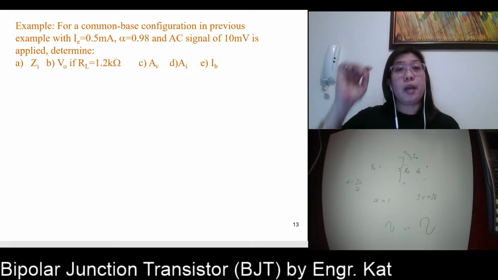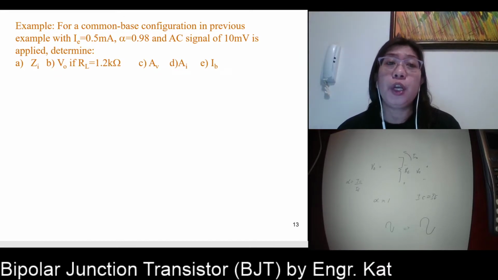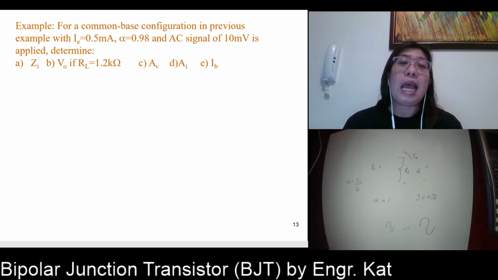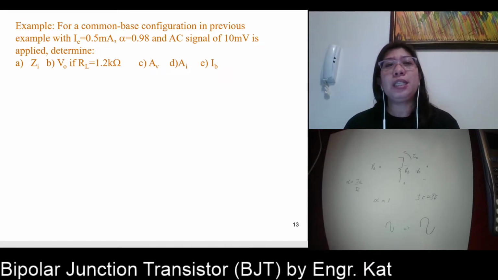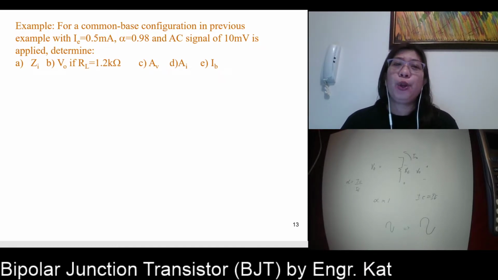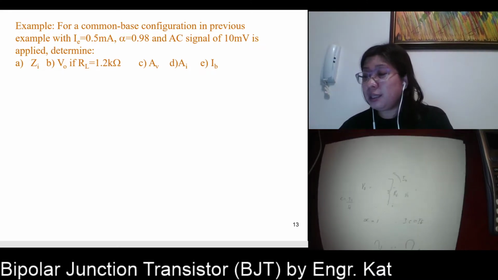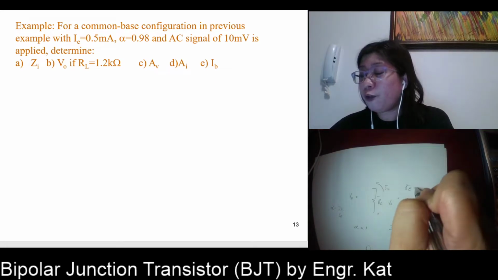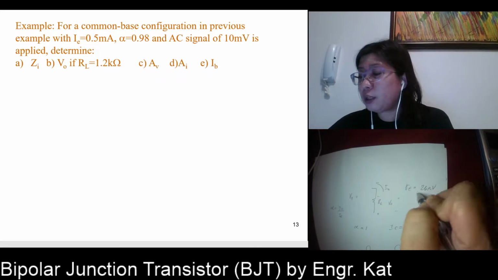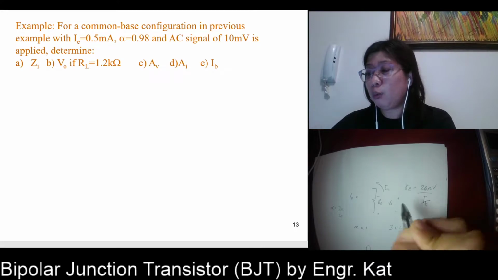We have another example for a common base configuration. Take note of the difference from the previous example with IE: your IE here is a small letter, lowercase. Therefore, your IE here is AC and not DC. Since this is not DC, we cannot use the formula 26 millivolts divided by IE.